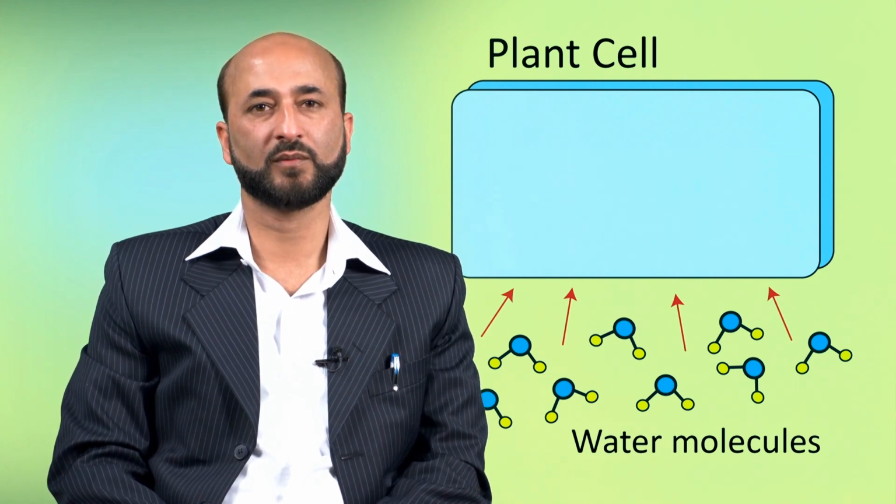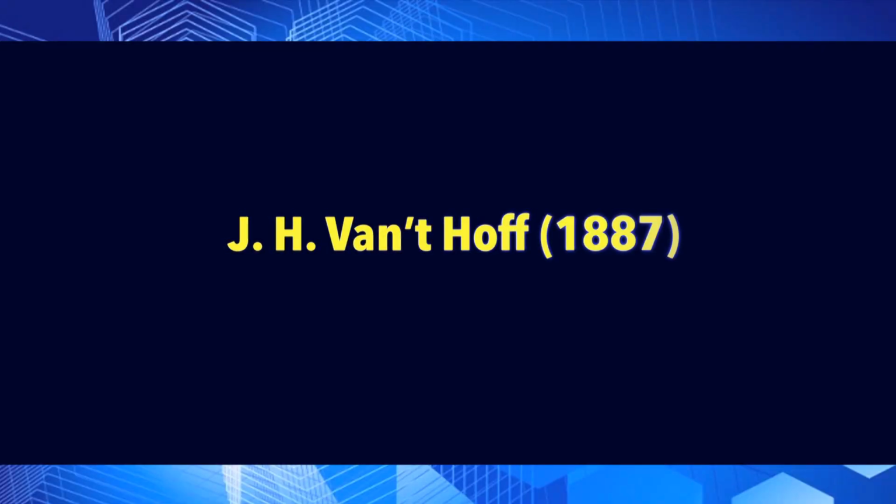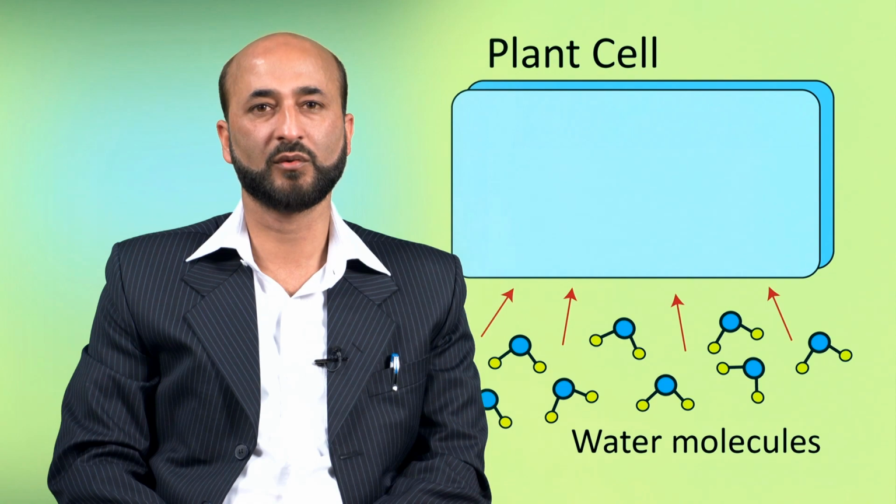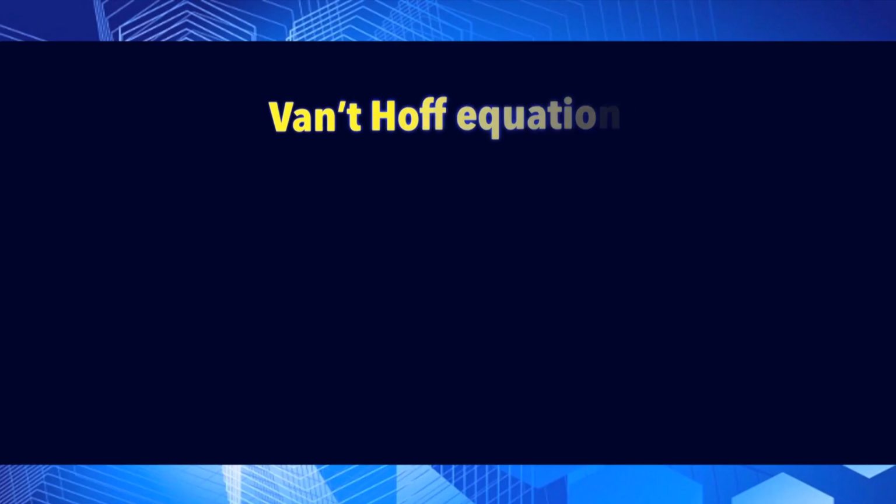of the solute. J.H. Van't Hoff in 1887 discovered an empirical relationship between osmotic potential and molar concentration of a solution, called the Van't Hoff equation, which is given below.